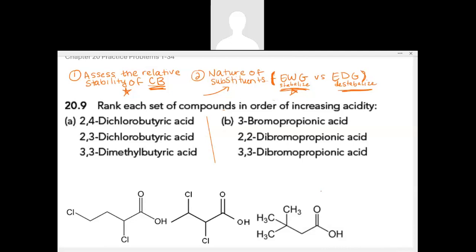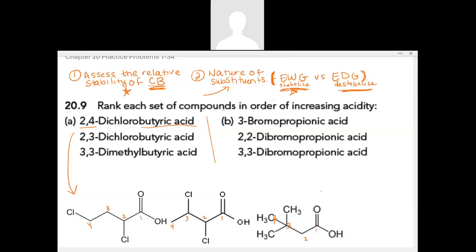So let's look at these three compounds from part A shown below. First we have 2,4-dichlorobutyric acid. So we know that's the common name for the butanoic acid, which is 4 carbons in length. So that's what we see here. Each of these is a carboxylic acid that has 4 carbons on its longest chain.